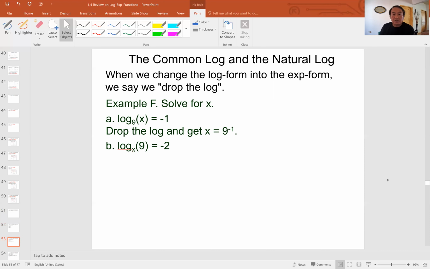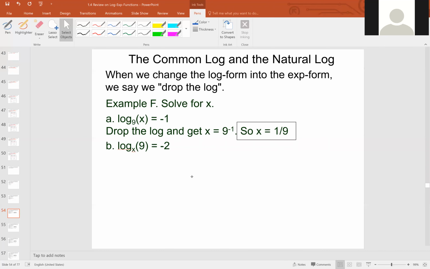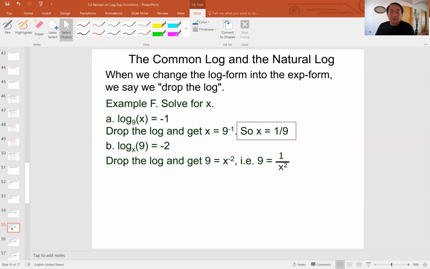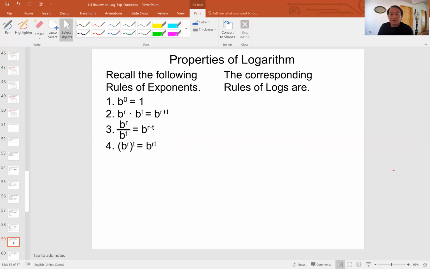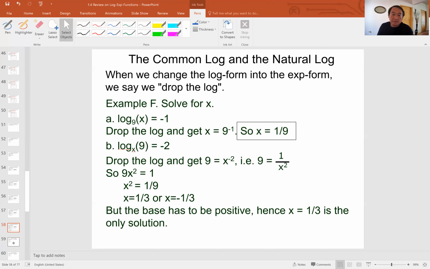For instance, drop this one, which is the same as 1/9. Now x is the base, so this will translate into the following equation, an x squared equation. Again, we will come to x squared equations, then you solve the equation, then you discard the numbers you cannot use.